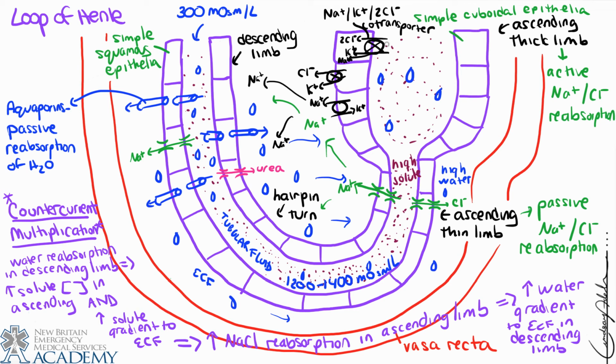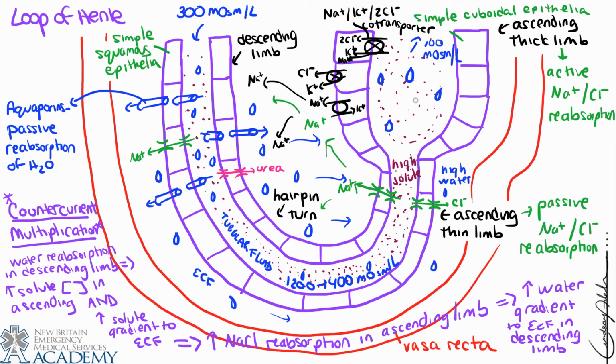But as we're leaving, even though we're reabsorbing the salt in order to maintain the countercurrent multiplication process, we are going to be leaving the ascending thick limb with a relatively lower solute concentration. This is dependent upon multiple factors, but could be as low as about 100 milliosmoles per liter as it enters the distal convoluted tubule. And that's something we'll follow up on in the DCT in our next video.